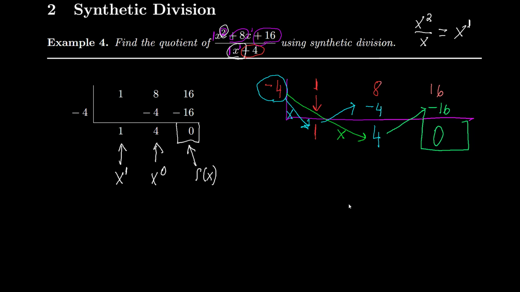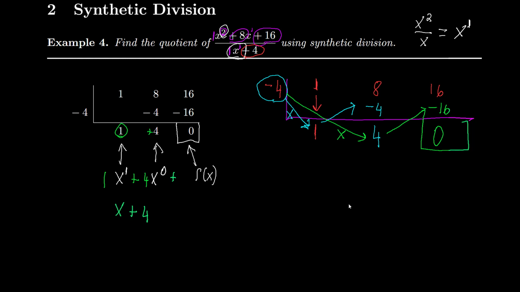So how you write this is then, you write this as 1x to the first plus, because it's positive, 4x to the 0, plus your r of x term. That is, this is just x plus 4, because x to the 0 is just 1, plus 0. And that's it. We're done.